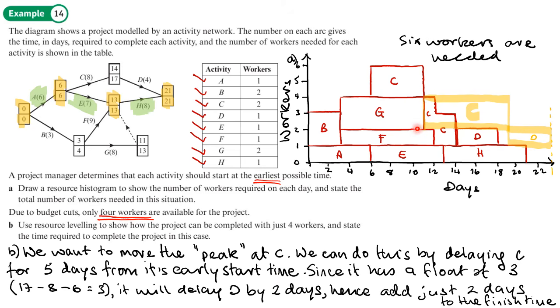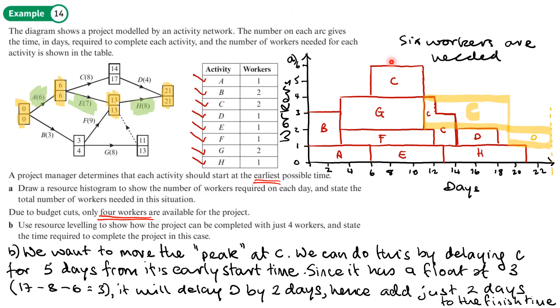We're moving it to start at 11 rather than 6. Since it already has a float of 3, and we'll do the calculation to show its float is 3, 17 minus 8 minus 6, it will delay D by 2 days because D depends on C finishing. Hence, just add 2 days to the finish time, and you can see that here in the diagram.